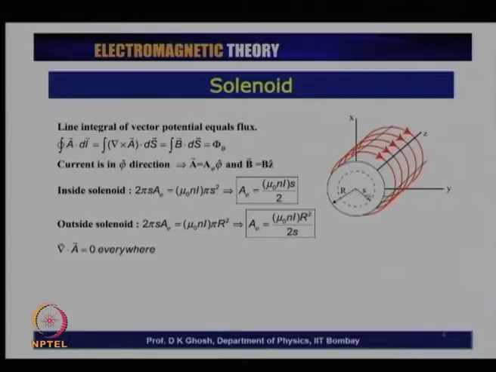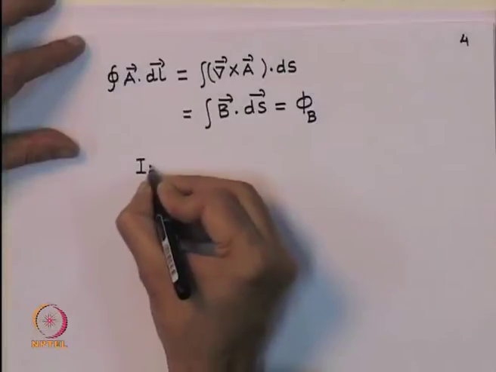Now, notice that if I take a circle of radius s, such that this radius s is less than the radius of the solenoid, then I have seen that inside a solenoid the magnetic field is constant. So, let us look at inside the solenoid.